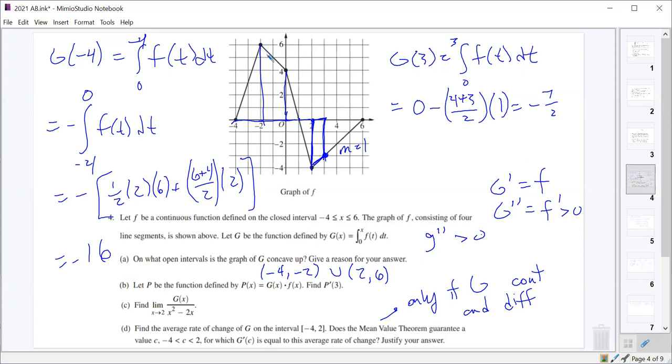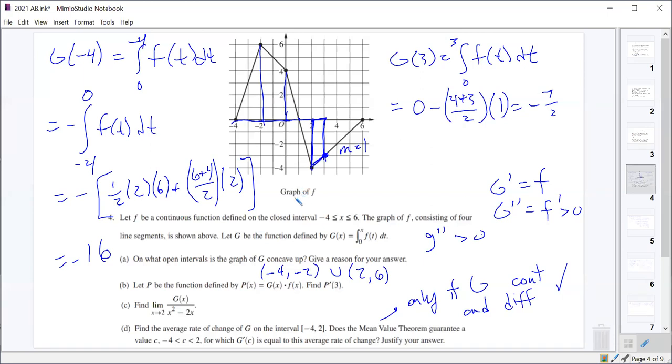So does f exist at every point between negative 4 and 2? Yes. So does the derivative of g exist on that interval? Yes. So g is differentiable on that interval. And if a function is differentiable on an interval, that guarantees that it must be continuous on that interval. So we can say that g is both continuous and differentiable on the interval because the derivative of g, f, exists on that interval.